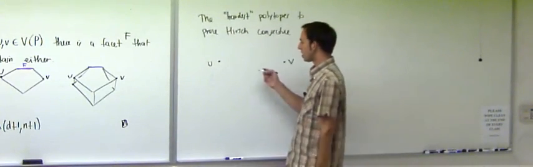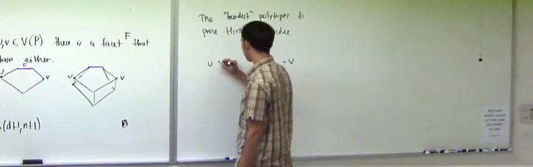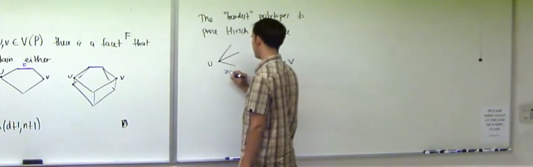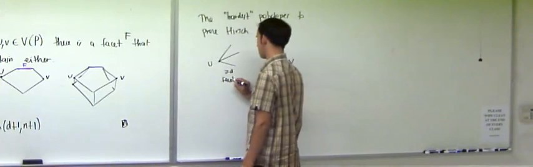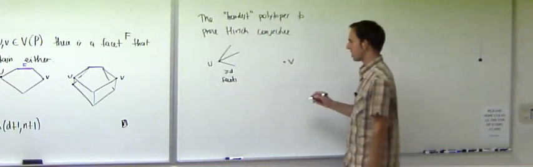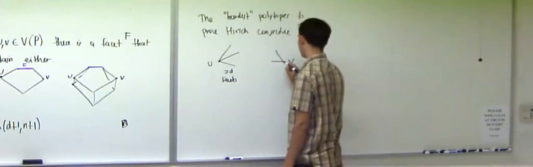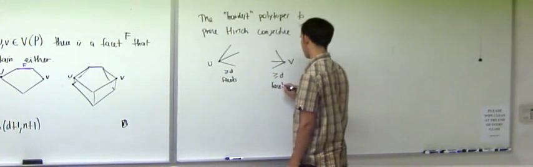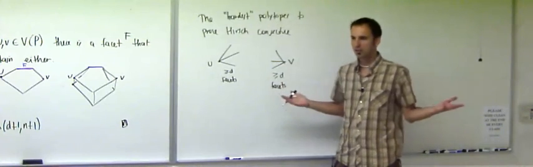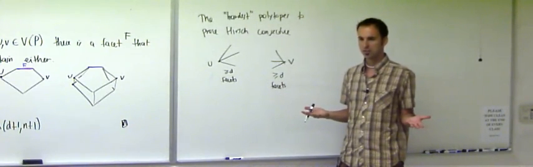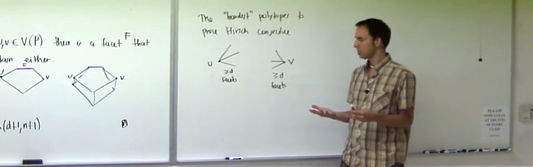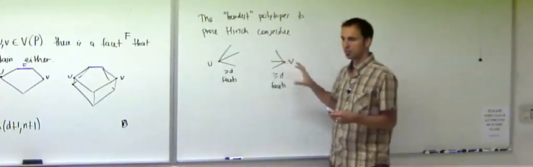So you have to have at least d facets here, and by the same reason, at least d facets here. And then there can't be any more facets, because you only have 2d facets, and there's no common facet between U and V.